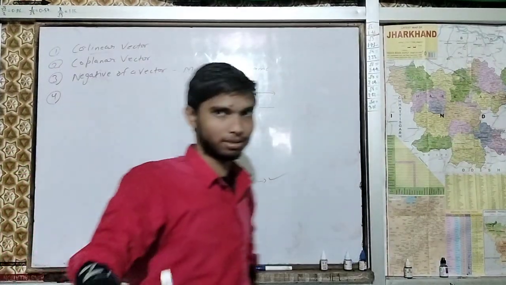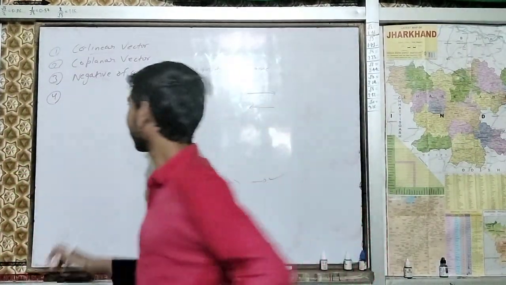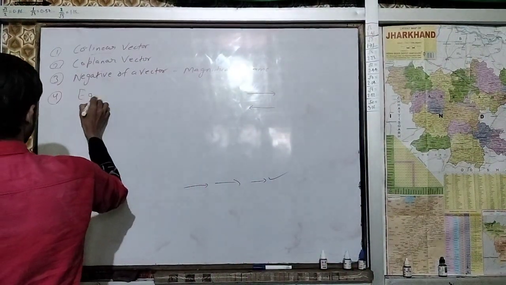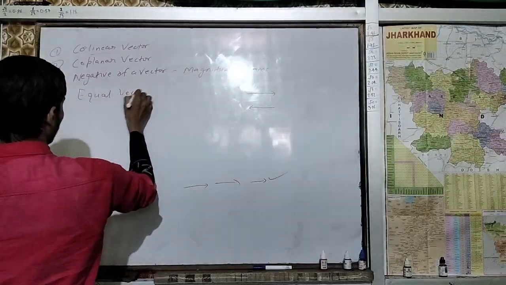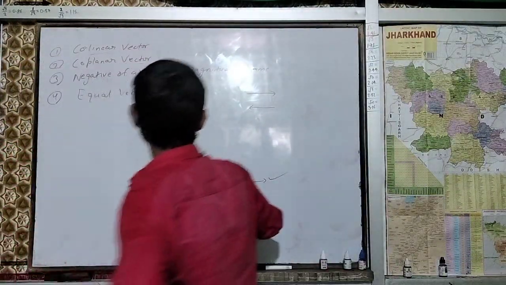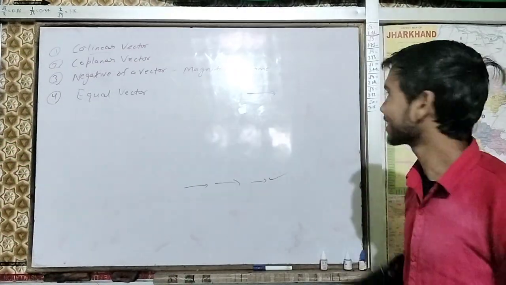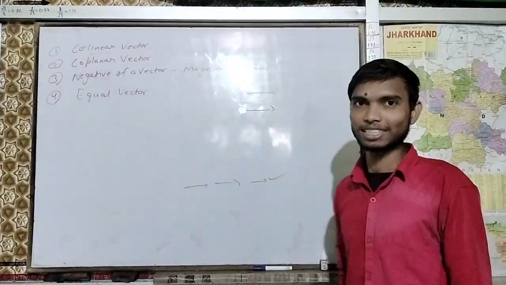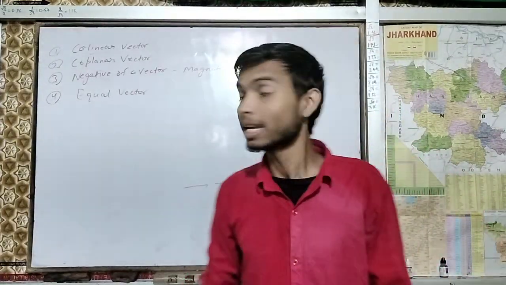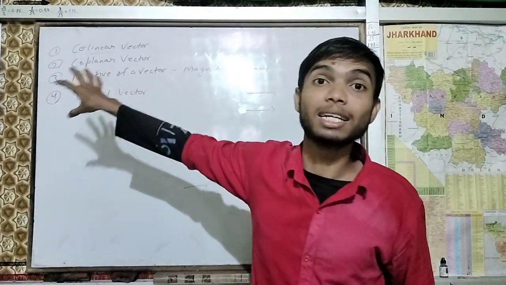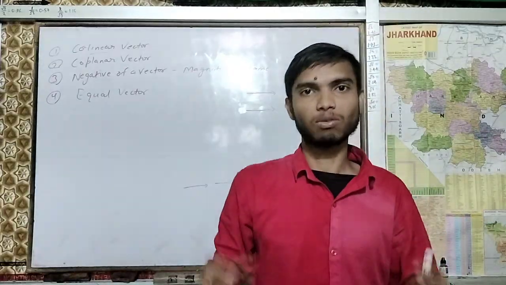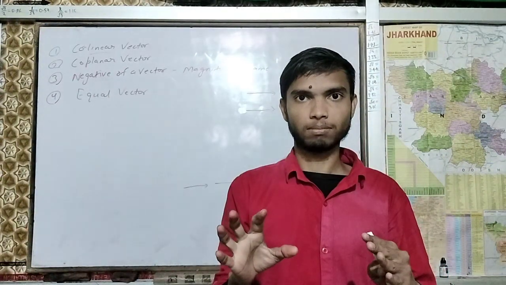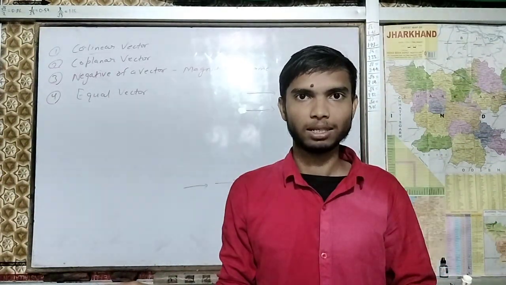Now next, equal vectors, which are very easy to understand. Again, you take two vectors. In this case, all things will be the same. Nothing will be opposite.